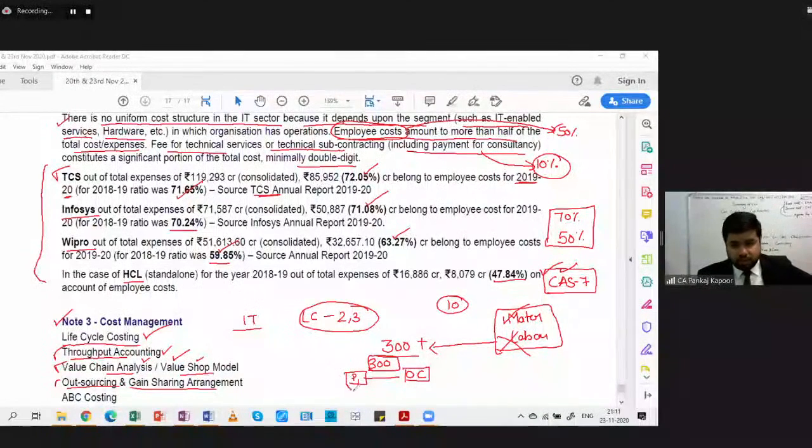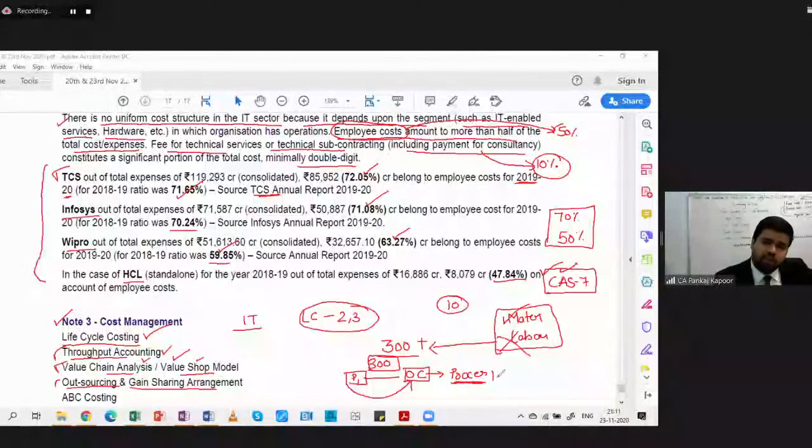I put a condition in the outsource agreement itself that, either with my help or without my help, you keep on trying to improve your processes. So the contractor keeps improving his processes, and his cost of providing me this service becomes cheaper. Now, obviously, he should not charge me 300. He should charge something less.